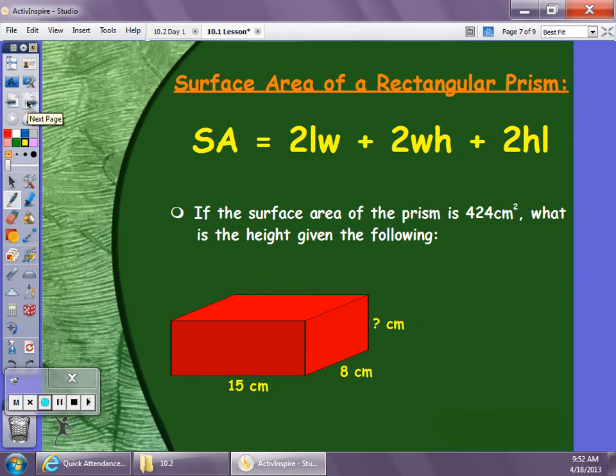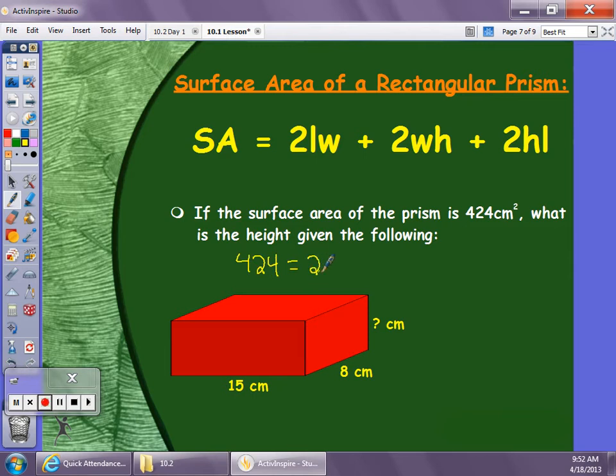We can also use the surface area formula to find one of the missing dimensions. So in this case, we're again missing the height. So if we fill in what we know for the formula, we can go ahead and say that the surface area, which is 424 centimeters squared, is going to equal 2 times the length times the width.